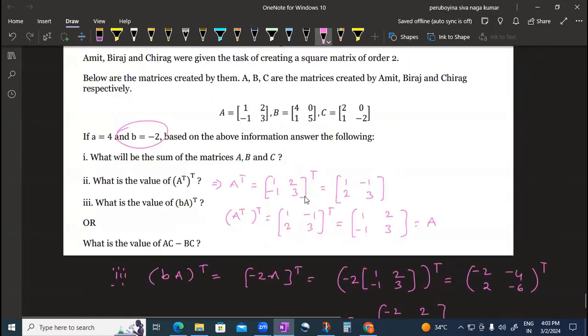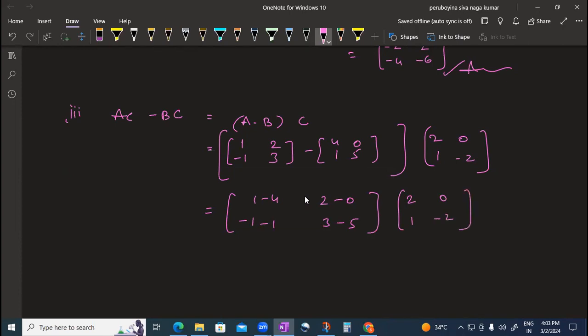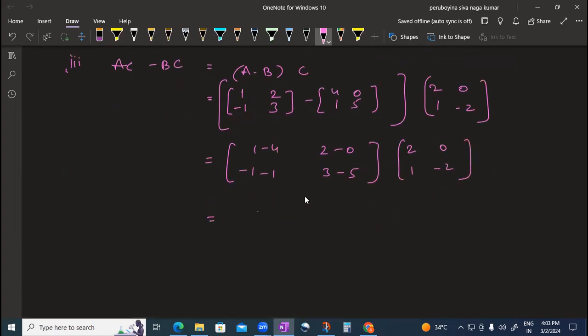Later we will do multiplication. First we will do subtraction. Corresponding elements should be subtracted. 1 minus 4, 2 minus 0, -1 minus 1, 3 minus 5. Multiplied by 2, 0, 1, -2. And this value will be -3, 2, -2, -2.